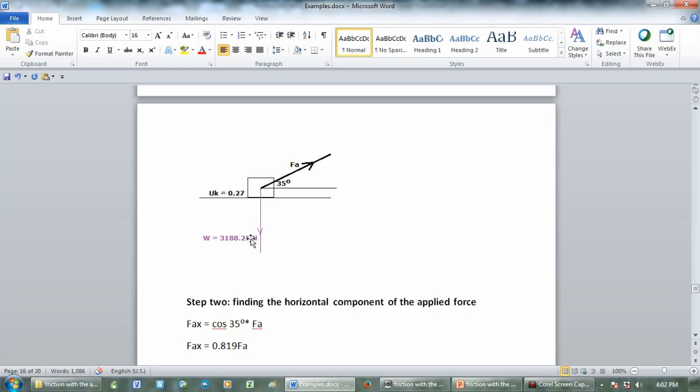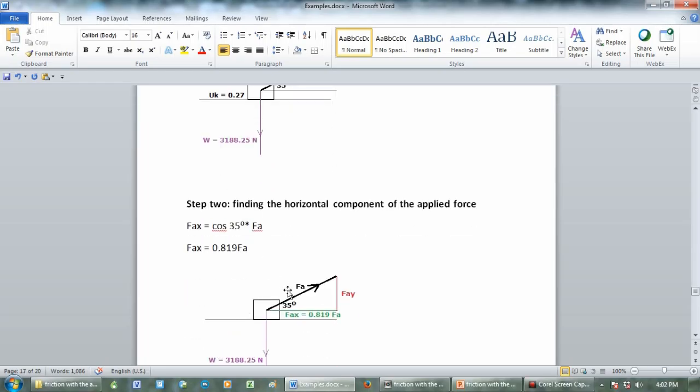Step 2, finding the horizontal component of the applied force. The horizontal component of the applied force is the cosine of 35 degrees times the applied force FA. Cosine of 35 degrees equals 0.819, so FAX equals 0.819 FA.